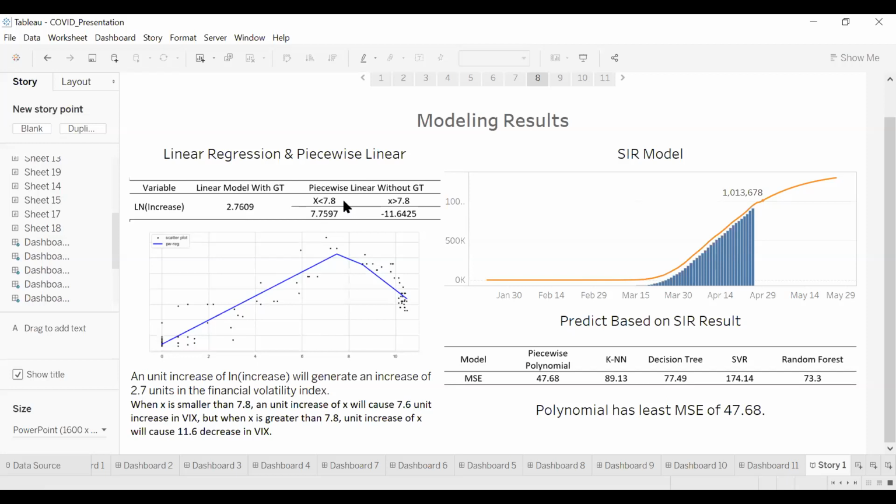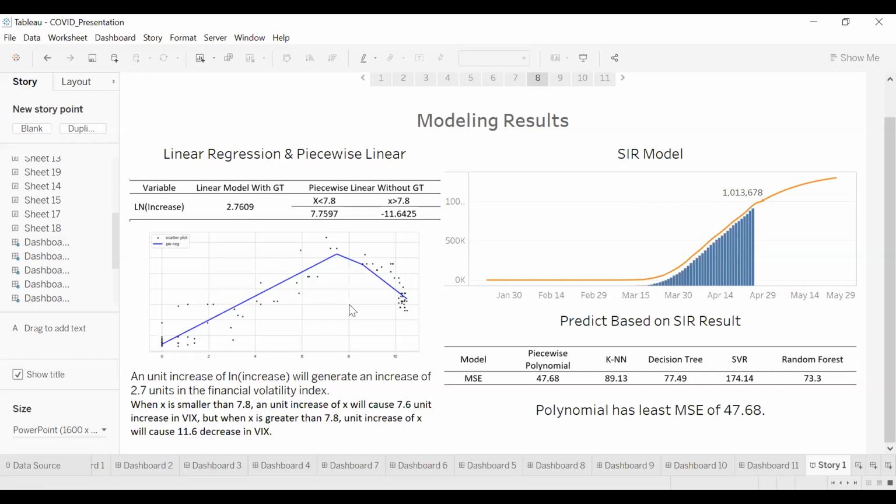And for the piecewise linear model, we can see we have one break node. When X is less than 7.8, the coefficient is 7.75, and when X is greater than 7.8, the coefficient is negative 11.6.